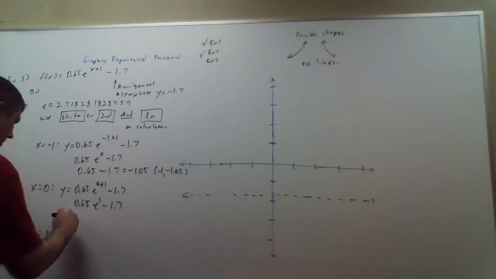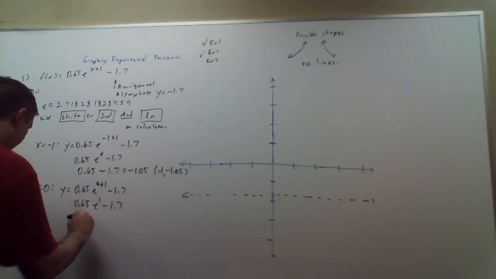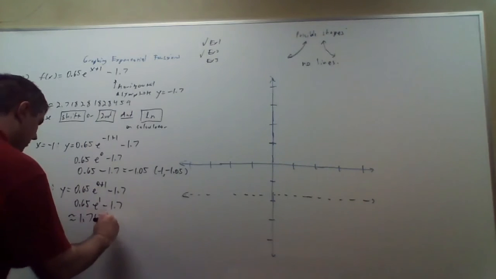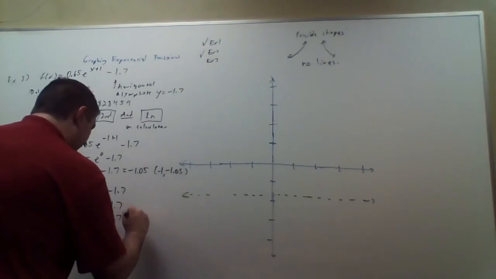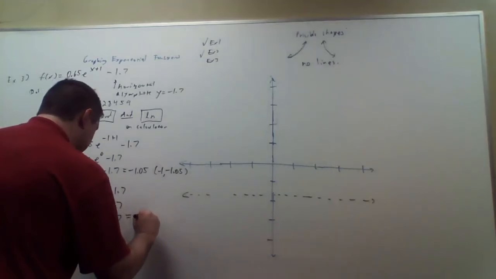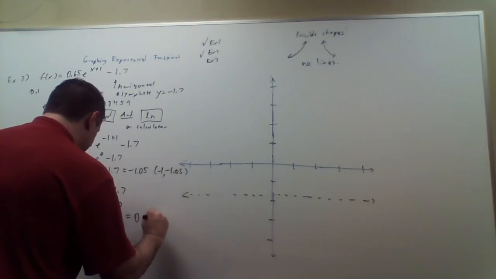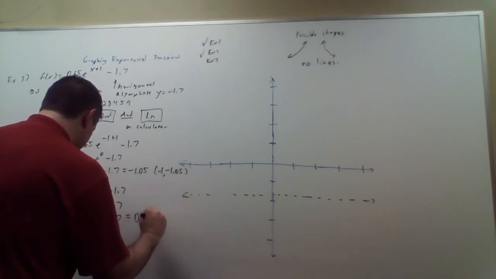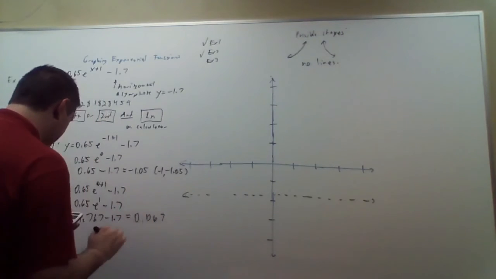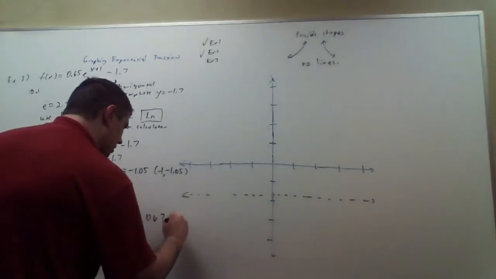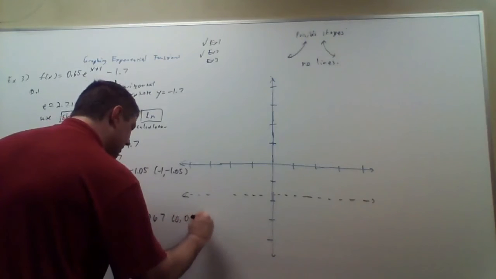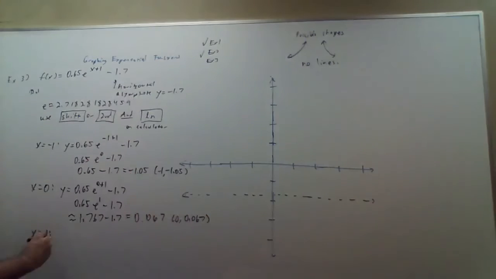I got approximately 1.767 minus 1.7. That gave me 0.067. So 0 and 0.067.